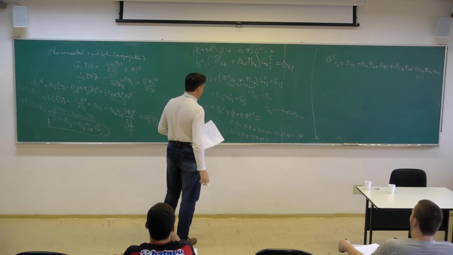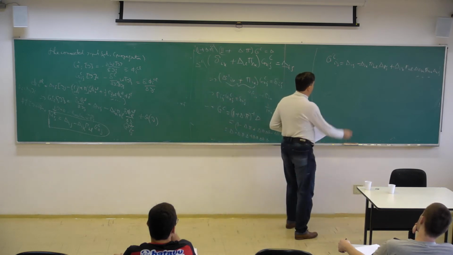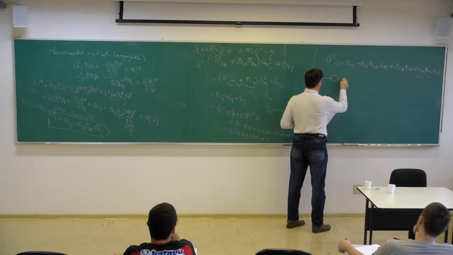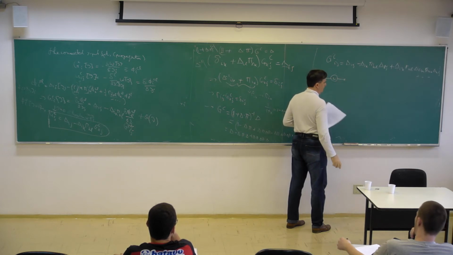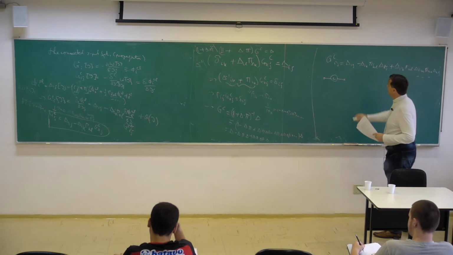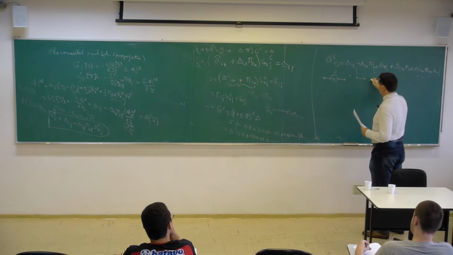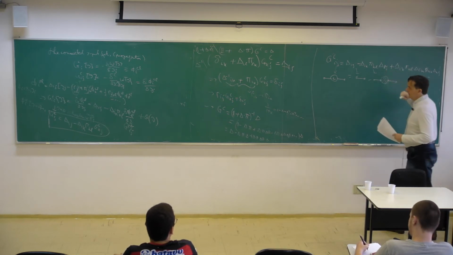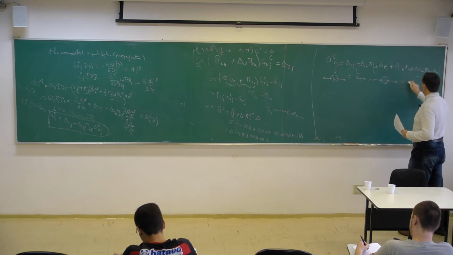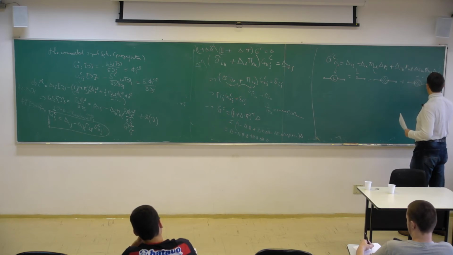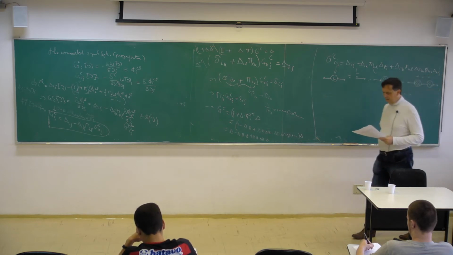And I can also write this in terms of diagrams. This is the connected two-point function. And then this is a propagator, then minus propagator, then this pi is the 1PI, delta is propagator again, plus propagator, 1PI, propagator, 1PI, propagator, minus and so on.